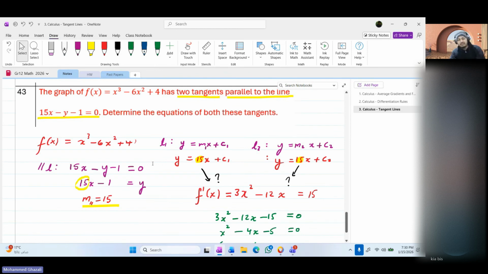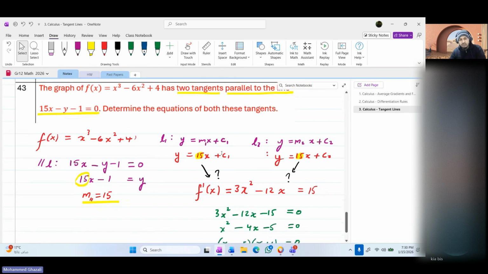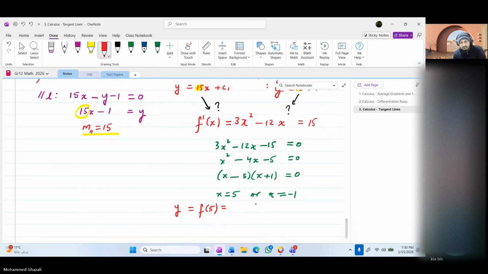I'm just going to do it on my calculator. I'm getting negative 21, right? And when I substitute negative 1, please check that answer if it's correct, I'm getting negative 3.